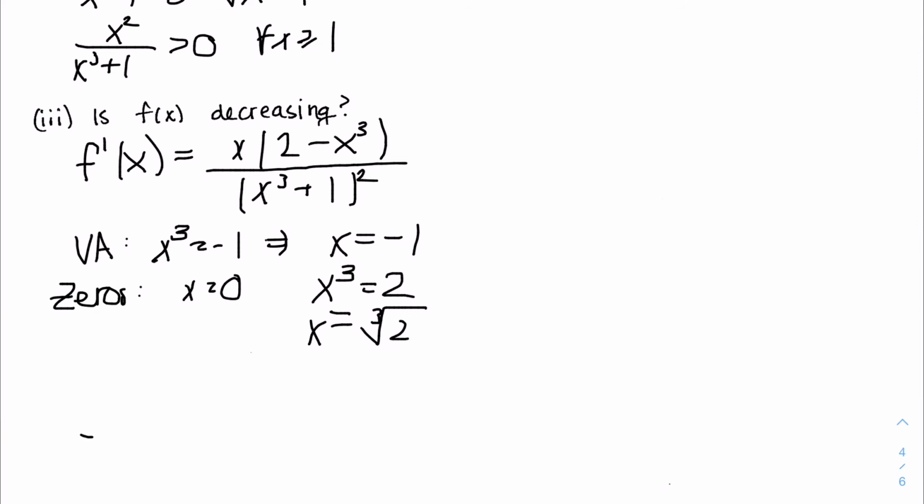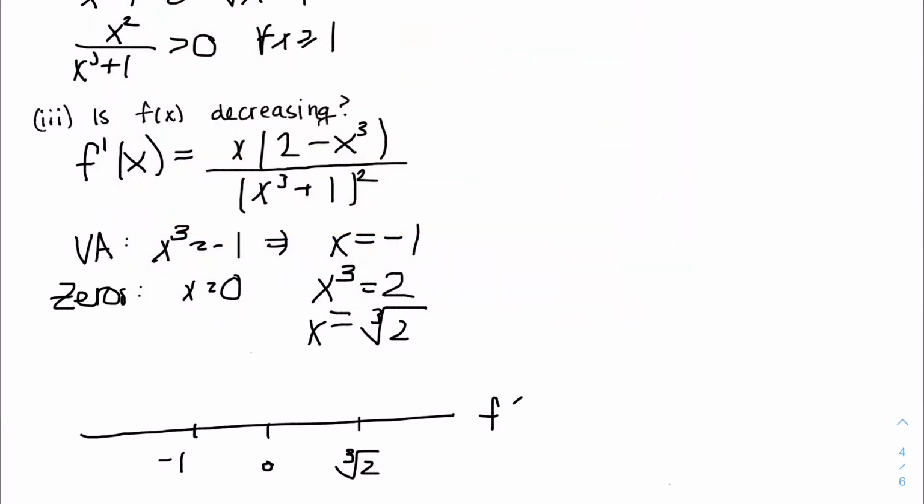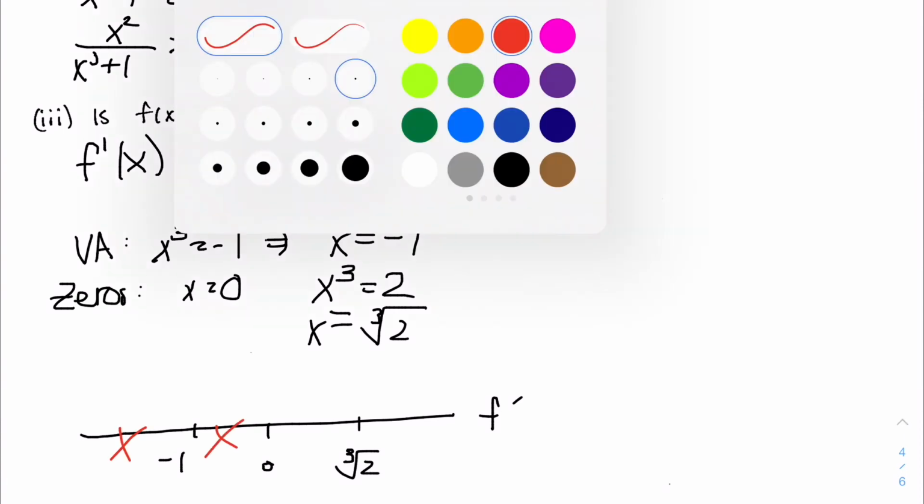So when we split up to do our testing, we want to look at the derivative. We've got a couple important numbers. We've got -1, we've got 0, and then we've got the cube root of 2. Okay. And again, this thing's only defined from 1 to infinity, so I don't care about here, and I don't care about here.